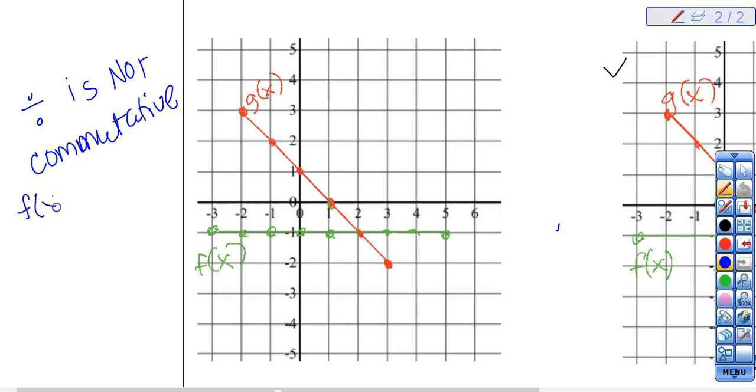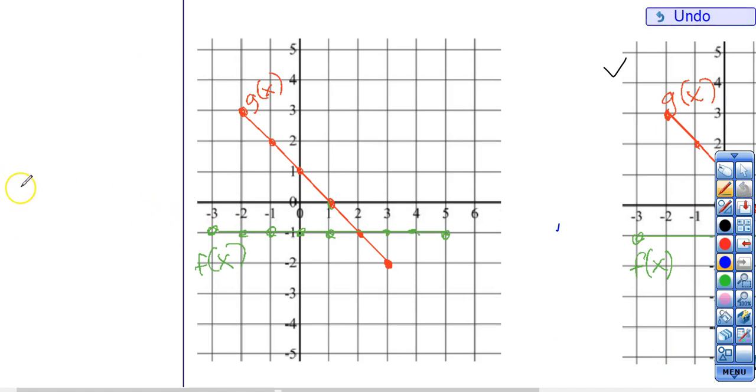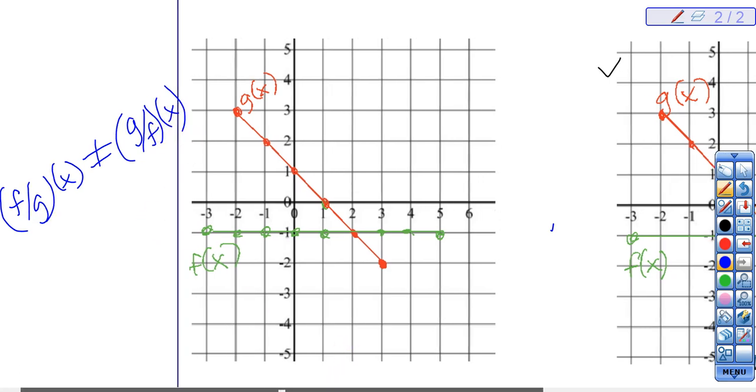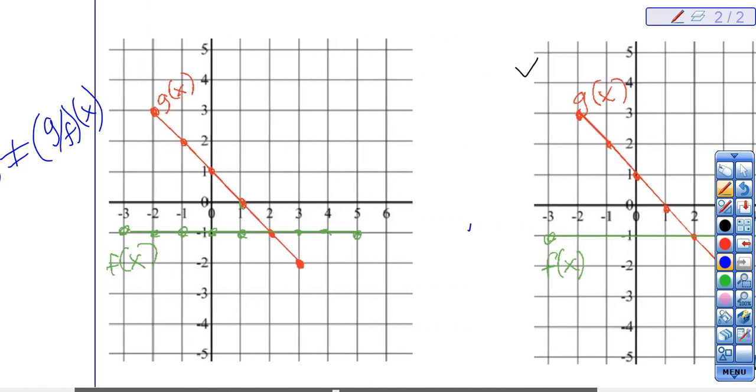Let me back that up. I erased it. I didn't mean to. Division is not commutative. The f over g of x does not equal the g over f of x. So you shouldn't get the same result when you're doing these division problems.